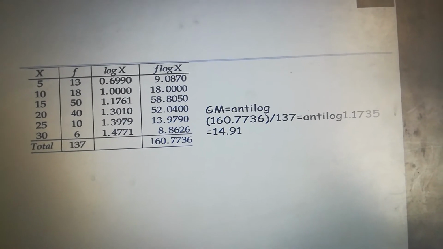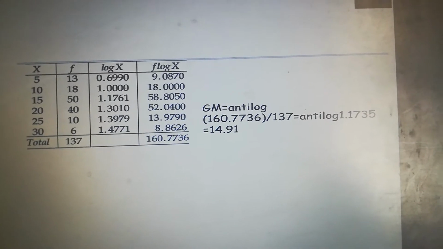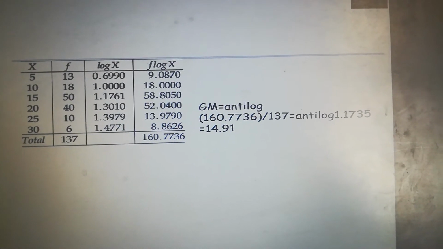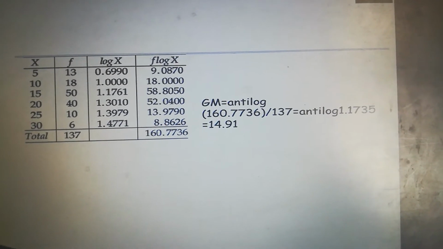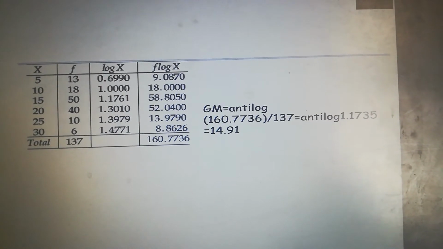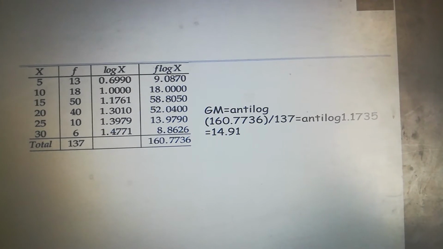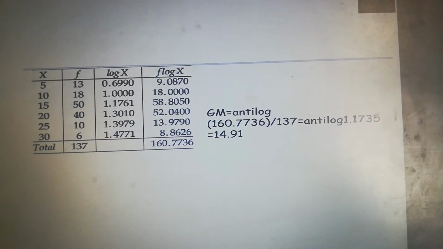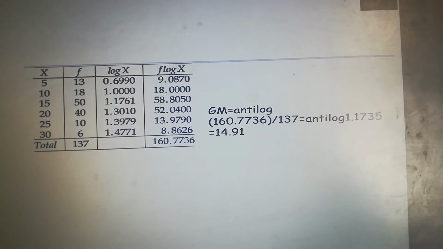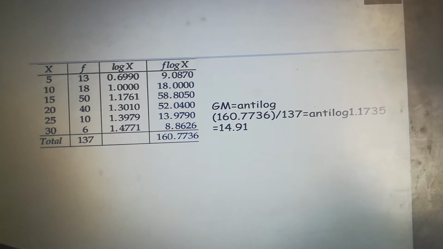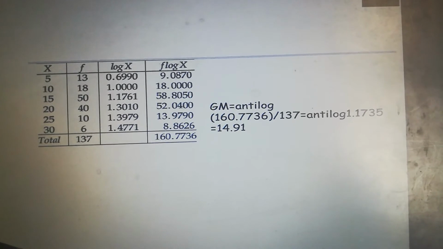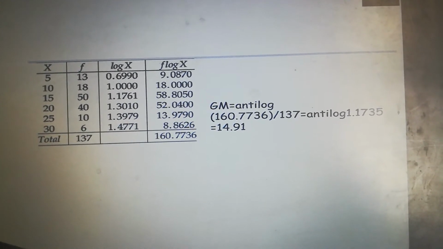Okay, then what we have to do? Sum all the log values, log x. So by adding all, 9.087 plus 18 plus 58.805 plus 52.04 plus 13.979 plus 8.862, we get the value 160.7736.